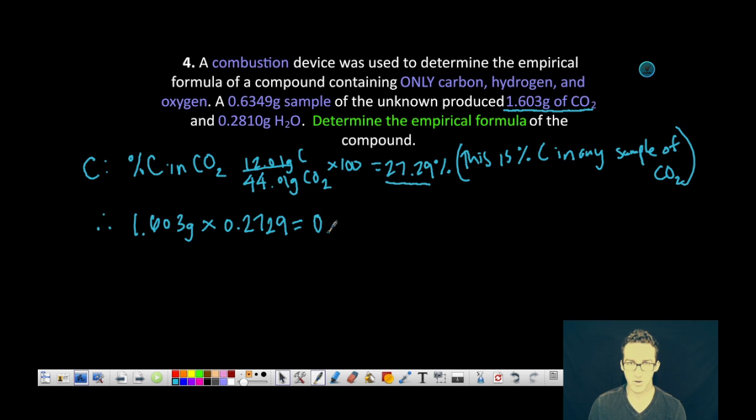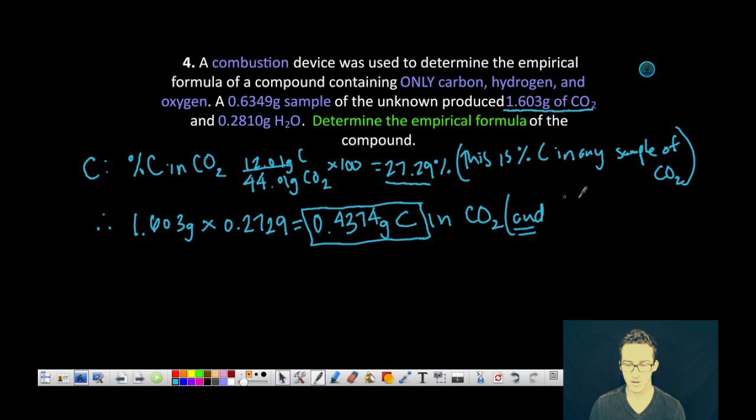To get us 0.4374 grams of carbon in CO2, but it's also the amount of carbon in our original sample.